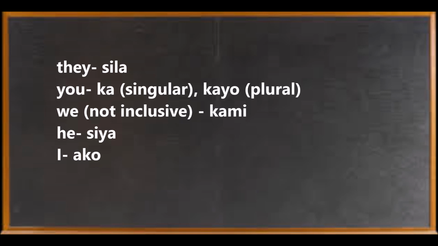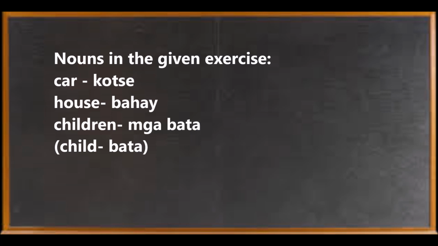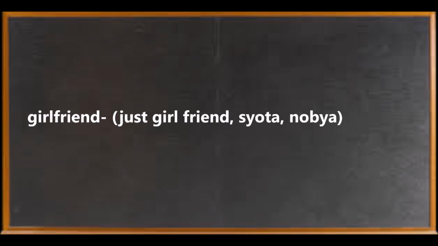He is siya, the same as she. I is ako. Now for nouns, of course, car is coche. And house is bahay. Children is mga bata, because bata is only child. Children, mga is like S or ES. Girlfriend, you can just say girlfriend, shota, or nobya. Nobyo for boyfriend. And job is trabaho.